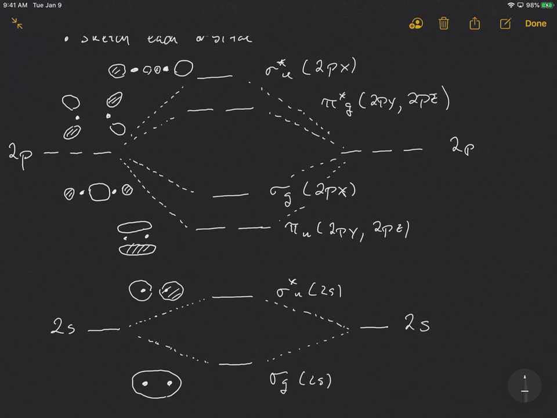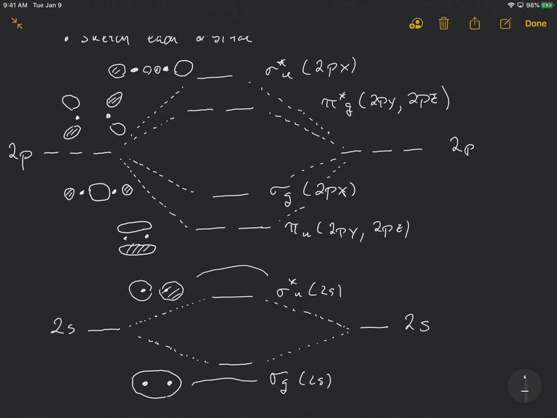And then we've sketched most of the various molecular orbitals here, in the general vicinity of where those orbitals are, so that you can see that this one corresponds to sigma g 2s, and this one over here corresponds to sigma star u 2s.